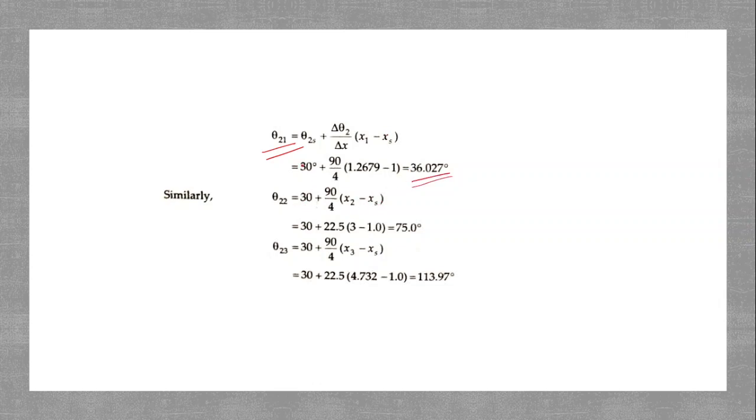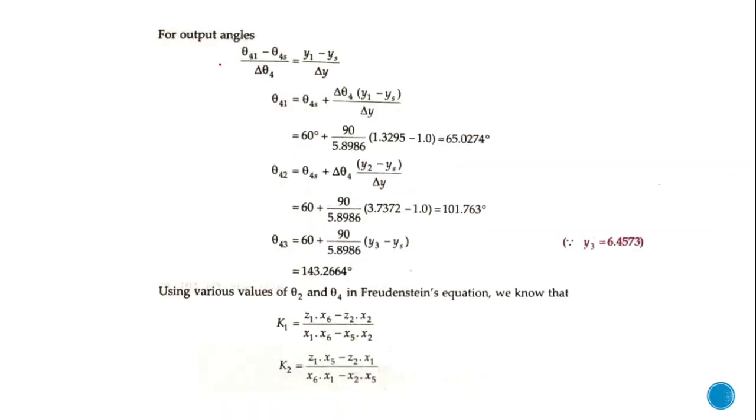Then theta 22 is equal to this 30 degrees plus delta theta 2 divided by delta x into (x2 minus xs). And then theta 23, here this will become x3 minus xs, that's equal to 113.97.